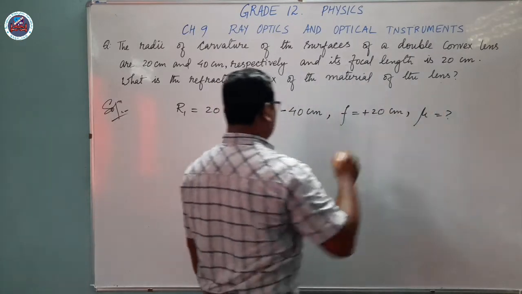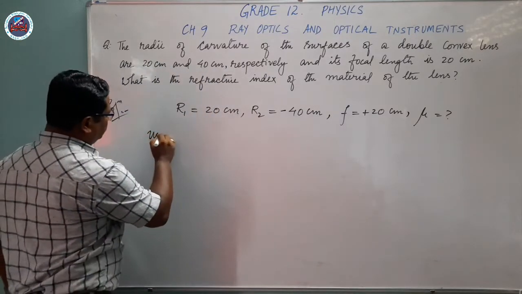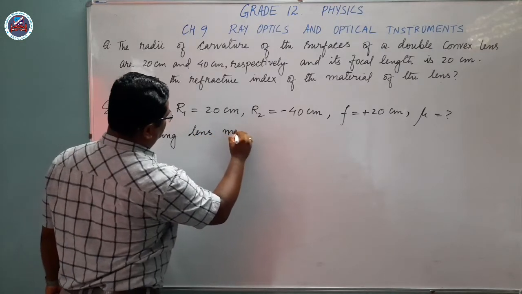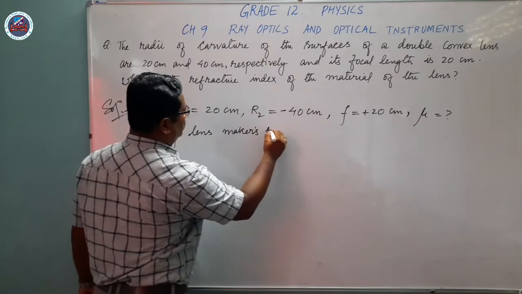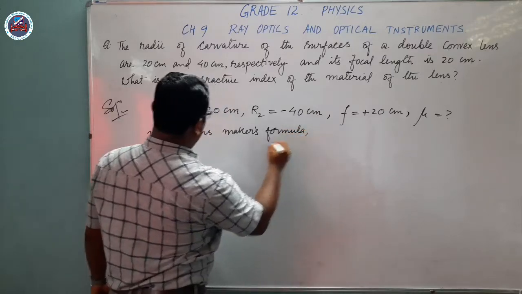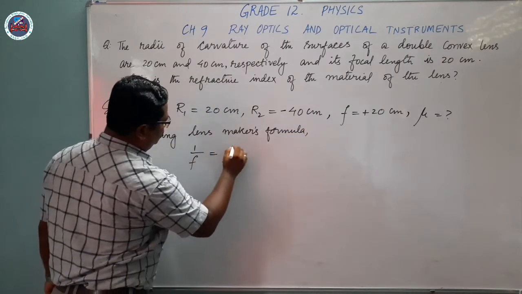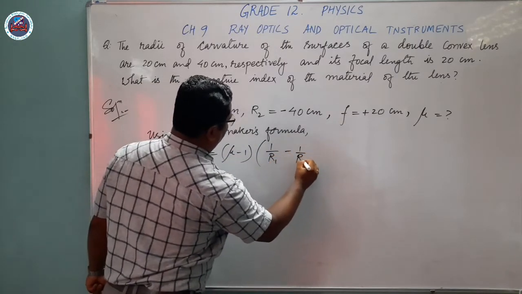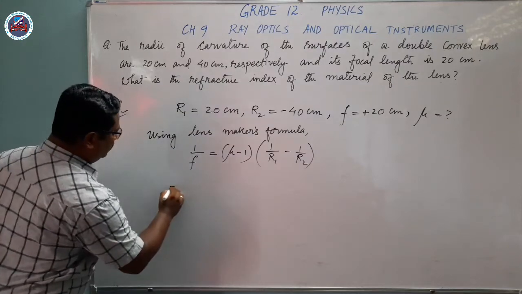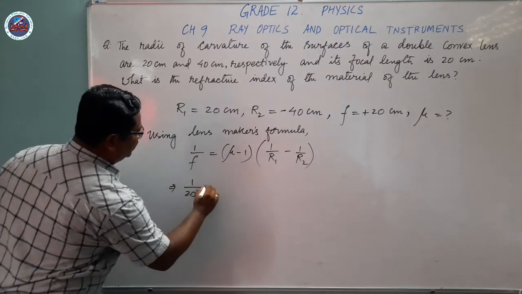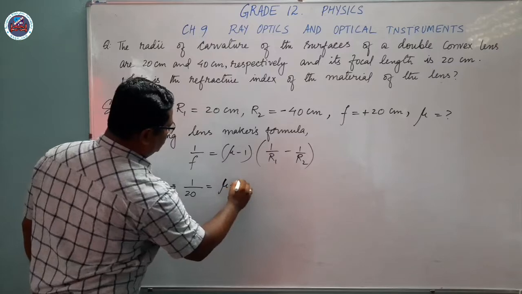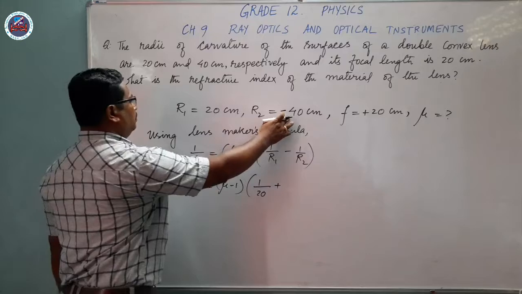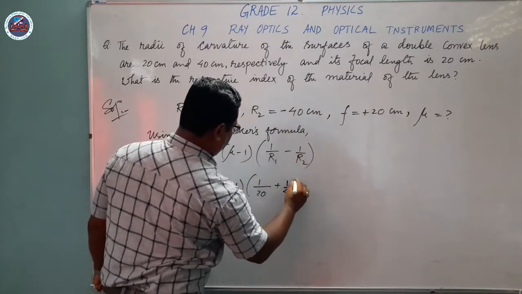You have to find out the refractive index of the material of which the lens is made. So using Lensmakers formula, 1 by f is equal to (mu minus 1) into (1 by r1 minus 1 by r2). If you put the values, 1 by f, that is 1 by 20, is equal to mu minus 1, mu to find out, keep as it is, into 1 by r1, that is 1 by 20, minus of minus, it will become plus 1 by 40.